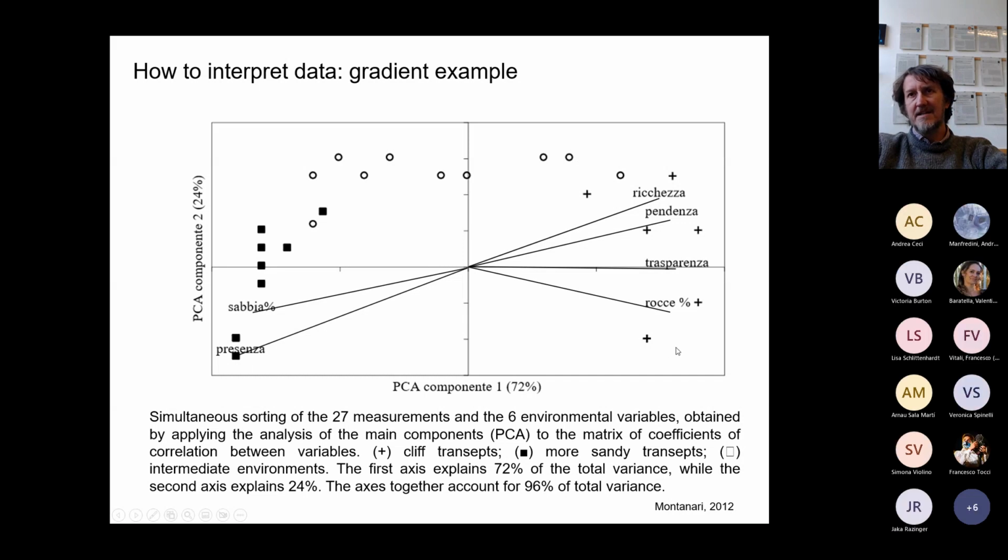On the other side, the cliff transect is characterized by percentage of rocks, the transparency of the water, the richness, and also the slopes, I can't remember the word in English, however, by these four variables here.